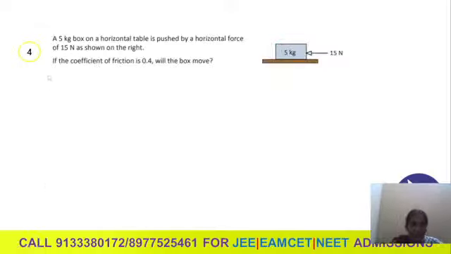So students, here is another question. A 5 kg box on a horizontal table is pushed by a horizontal force of 15 newtons as shown to the right. If the coefficient of friction is 0.4, will the box move? The applied force is in this direction. Frictional force develops opposite to that to oppose the relative motion.